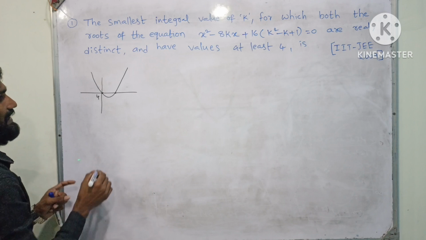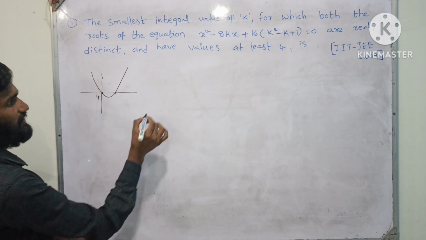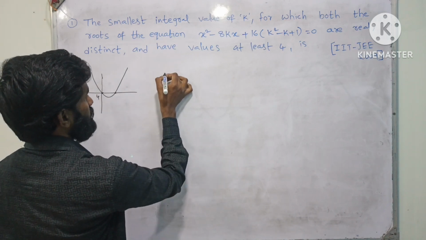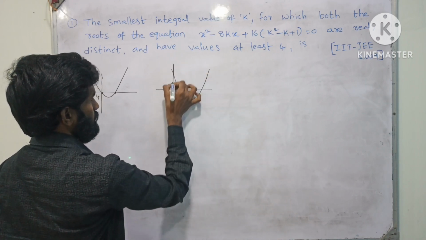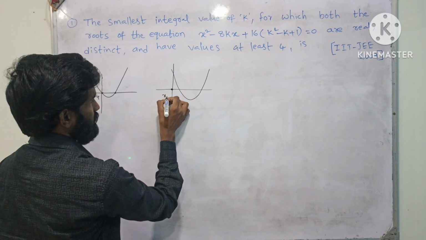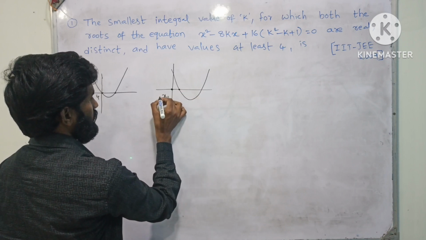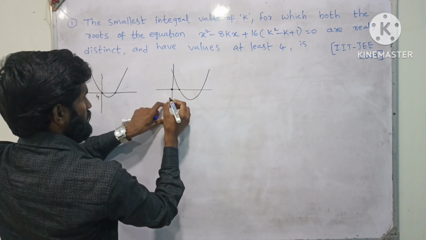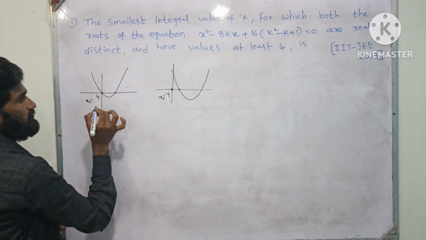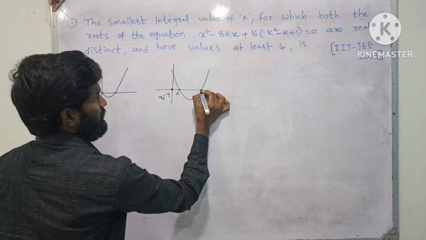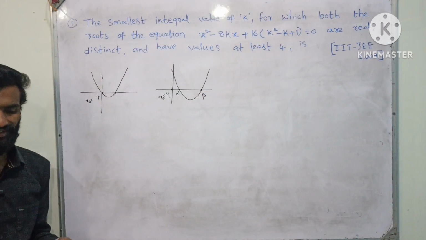At least means either this case or this case, so these two cases arise. He has given that x naught is equal to 4. This is x naught, and this is alpha and this is beta. These two cases arise.